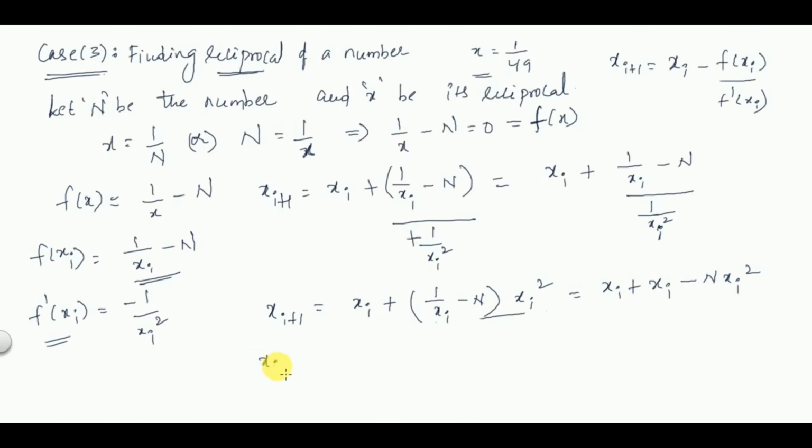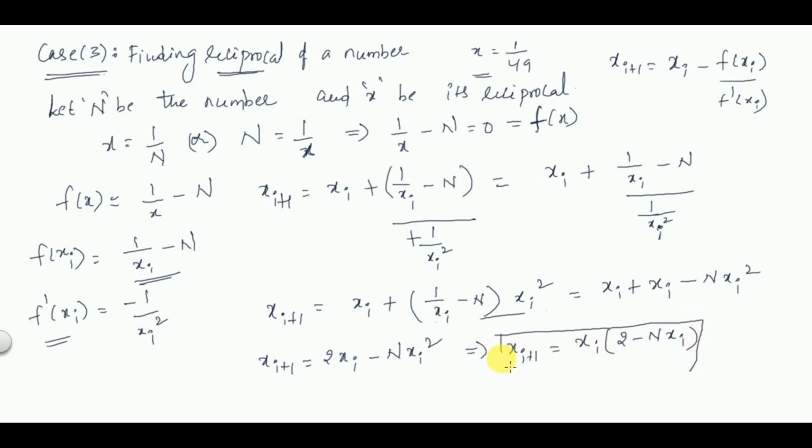So xi plus 1 is equal to xi plus xi, which is 2xi minus n xi square. The final formula for this is xi plus 1 is equal to, taking xi common, 2 minus n xi, times xi.